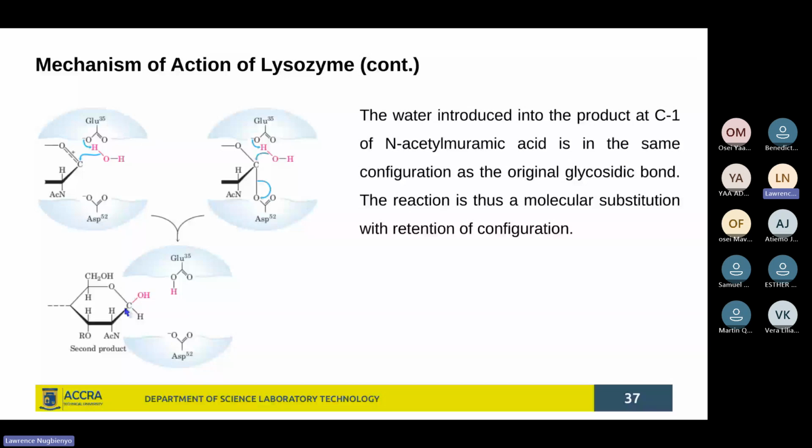So this is to see the various mechanisms by which enzymes act. A lot of times, the water molecule is playing a major part in the activity of enzymes.